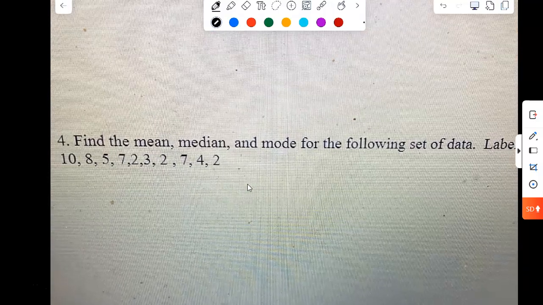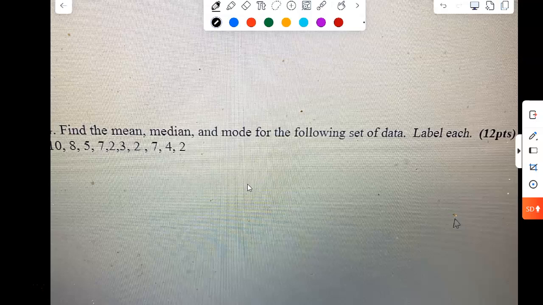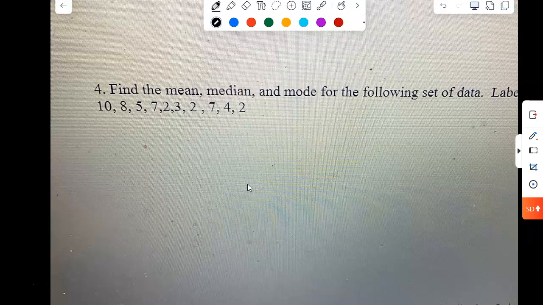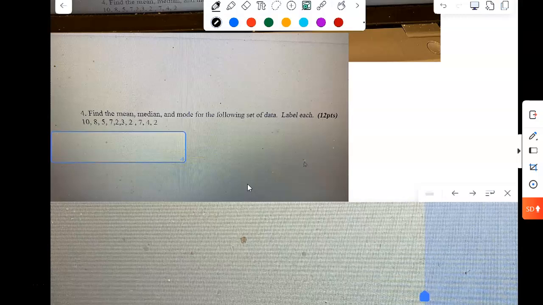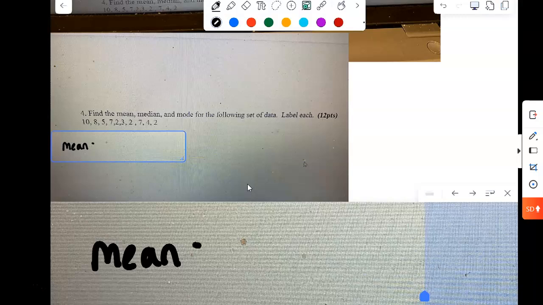Up next is where we get into our mean, median, mode. And of course on your test it'll also include mid-range. So here we're looking at the set of data: 10, 8, 5, 7, 2, 3, 2, 7, 4, and 2. So up first we want to do our mean. Remember, for the mean we just add them all up and we divide by the total.